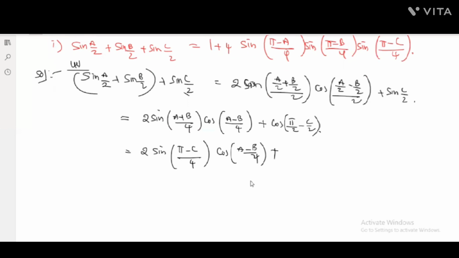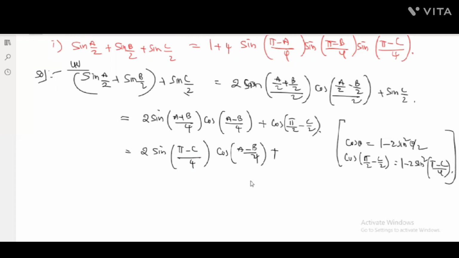This cos theta we can write as 1 minus 2 sine square theta by 2. Here we have theta as pi by 2 minus c by 2. So we will get 1 minus 2 sine square of pi minus c by 4.